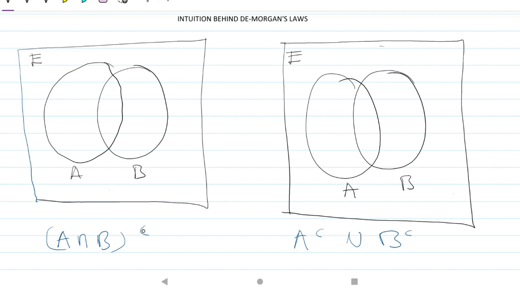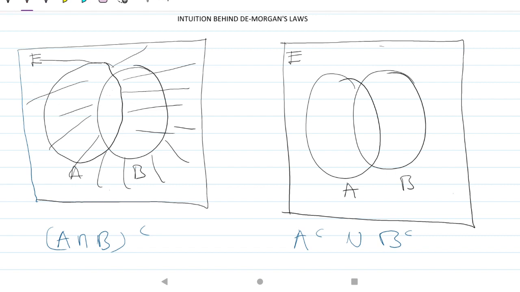So first of all, let us shade the complement of A intersection B. If the middle part is A intersection B, then its complement are just elements that are outside. Okay. Now let us see if it is the same when we take the union of complements. So first of all, let us shade A complement.